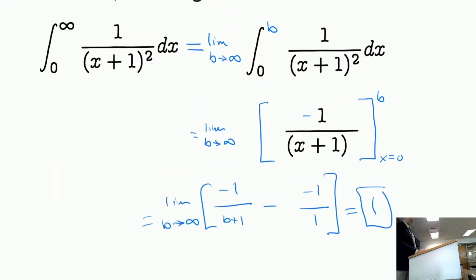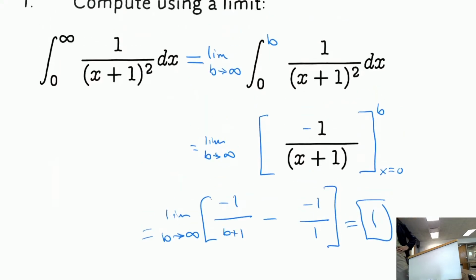But I've cut quite a few corners already. The reason why this is 1 is because as b increases without bound, this fraction will decrease to 0, which leaves you just with that fraction, negative, negative makes that positive.